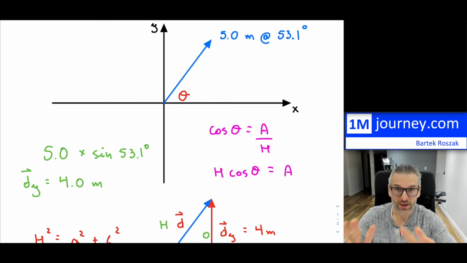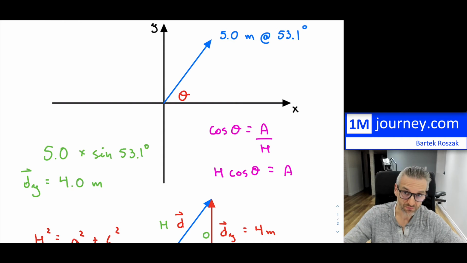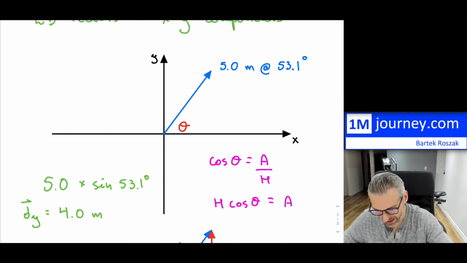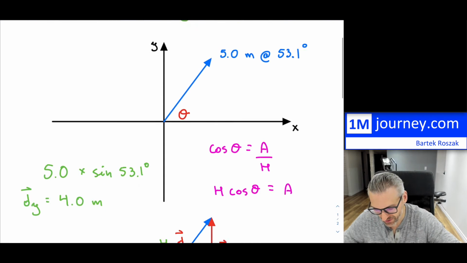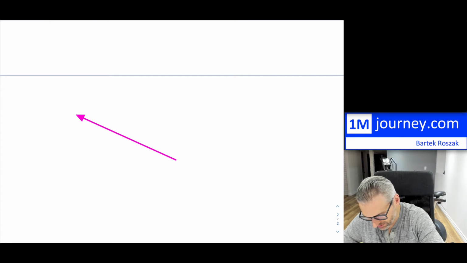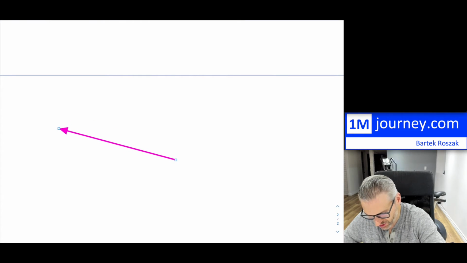So I don't want to do that in this particular video where I'm necessarily adding all of these up. But I do want to be able to break these things down for you, and say, well, what if we have these vectors? So I'm going to just start off fresh here. Let's imagine I had a vector that was going in this direction.